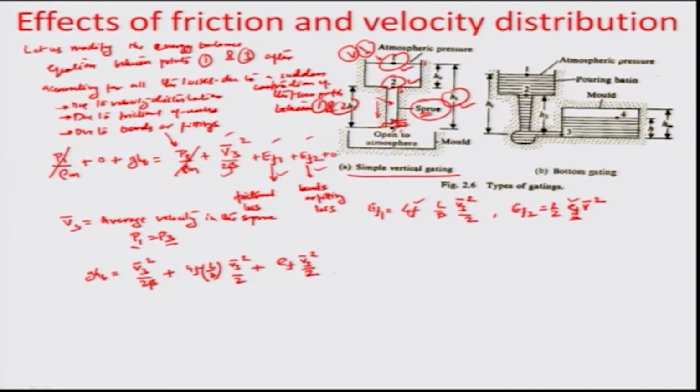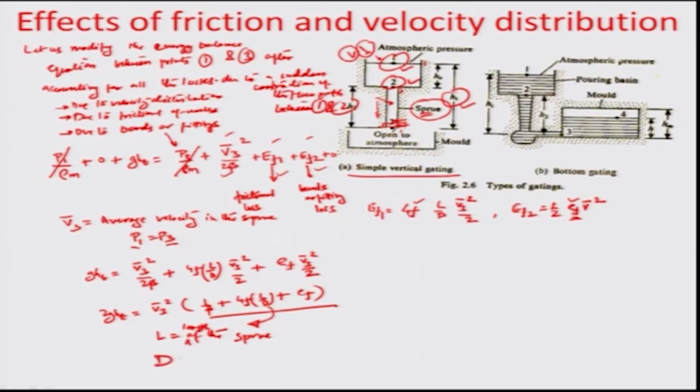In other words, if I just simplify this out, it becomes twice g HT equals V3 square times 1 plus beta plus 4f L by d plus EF, and I think we have earlier clearly illustrated that this length L is the length of the smaller diameter of the sprue, and similarly the D is the diameter of the sprue.